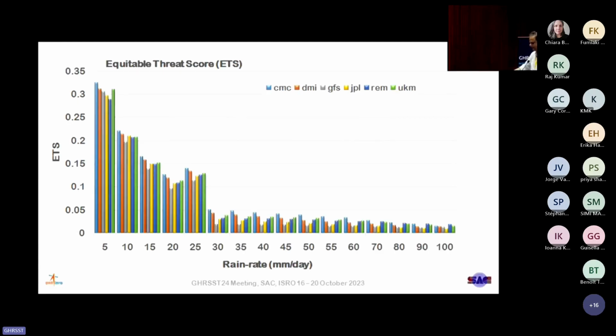But when we see the skill score, we find that the skill for the GFS experiments is the least for different rain rates. And as you can see, the blue bar, that is the Canadian Meteorological Center SST, has the highest skill.